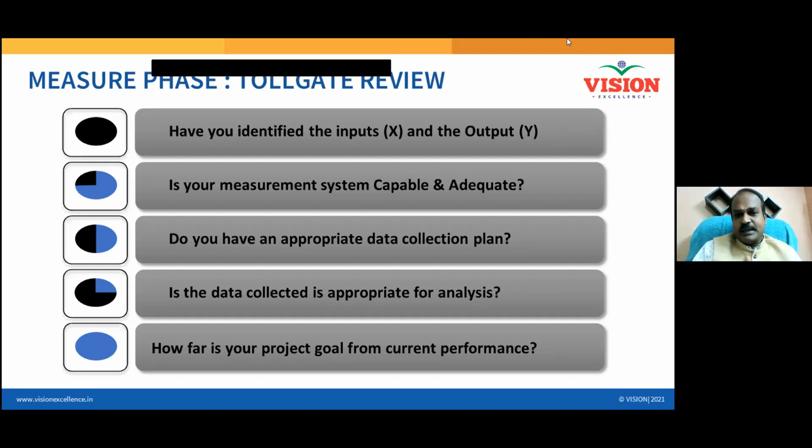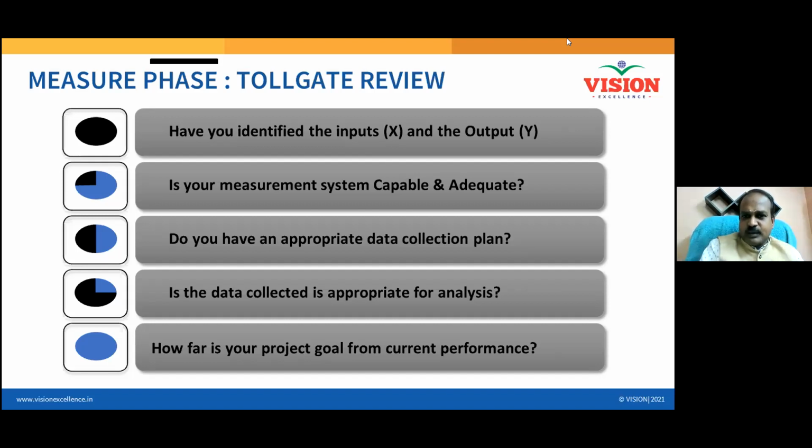When the resolution is 0.1, 10 readings are possible, isn't it? Suppose my resolution is 0.5, I will hardly get 2 or 3 readings between 10 and 12, something like that. So adequacy is important, and the ability to collect the data without error is also important. We call it capability and adequacy. But let us not go very deep. At the outline level, if you understand, that's good enough at this stage.